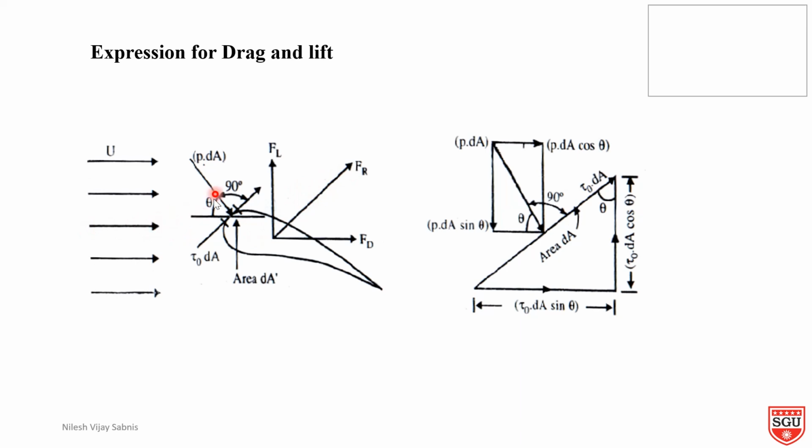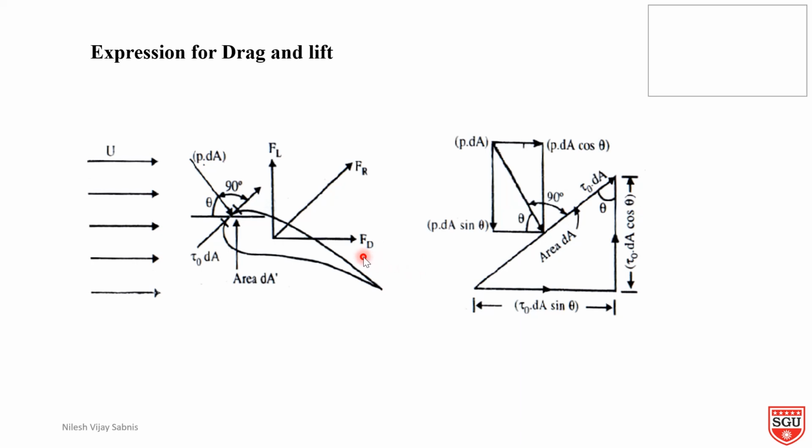The total force can be resolved into two components. One is in the direction of motion and the other in the direction perpendicular to the motion. The component of total force in the direction of motion is called the drag. This component is denoted by Fd.